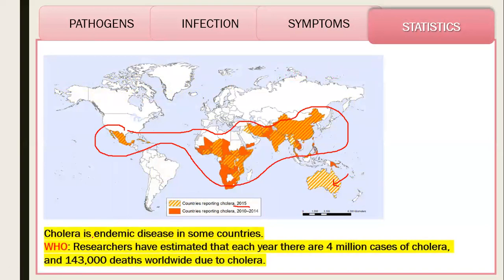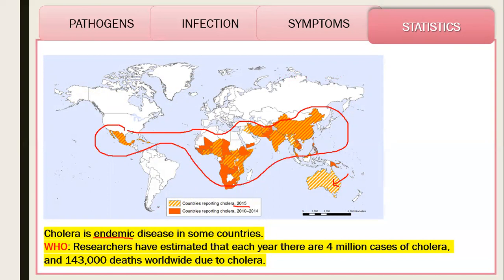So what does endemic mean? Endemic disease means these diseases are always seen in certain countries. So these countries are generally poor countries, developing countries, and the poor countries have poor hygiene, poor sanitation. Maybe there is no effective system of using the sewage. So generally these countries are affected.